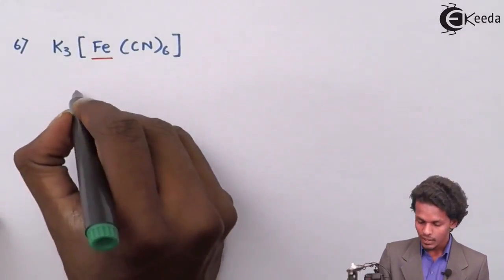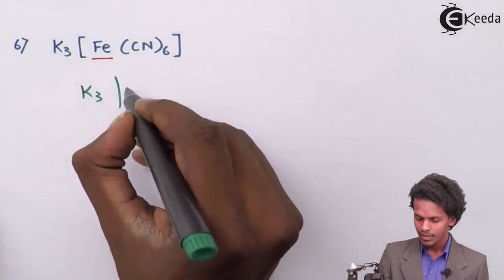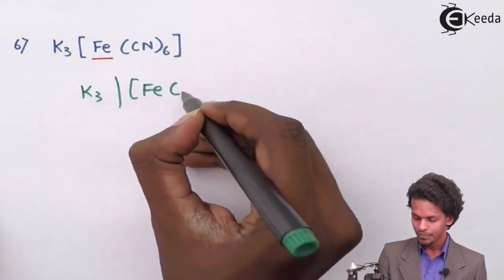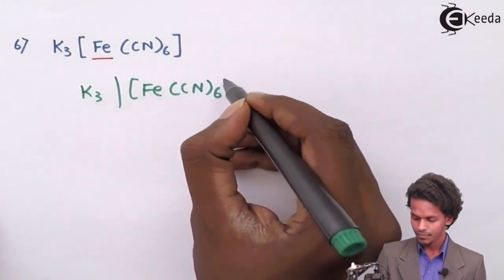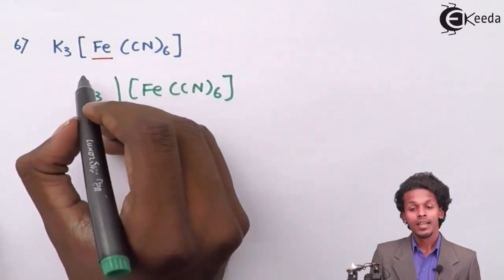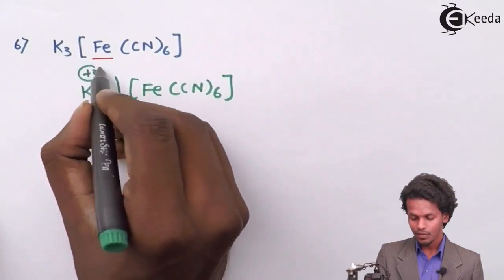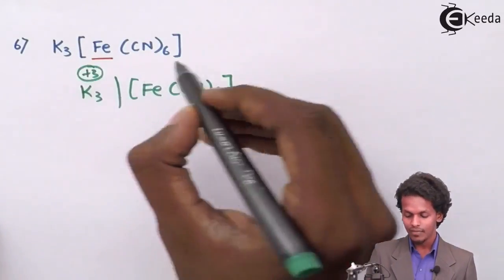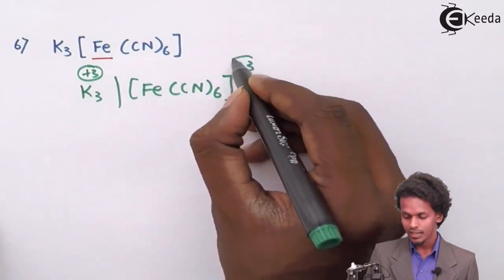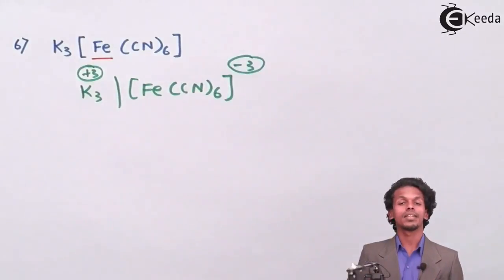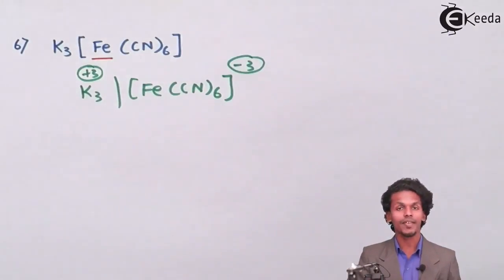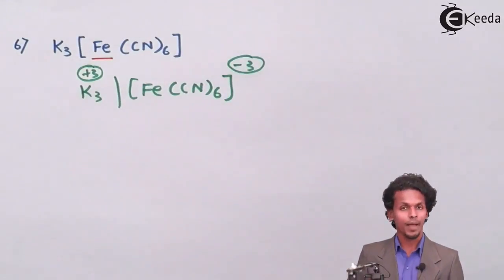So if potassium has a charge of +3, then the complex will have a -3 charge, or the complex will have an oxidation number of 3 minus.